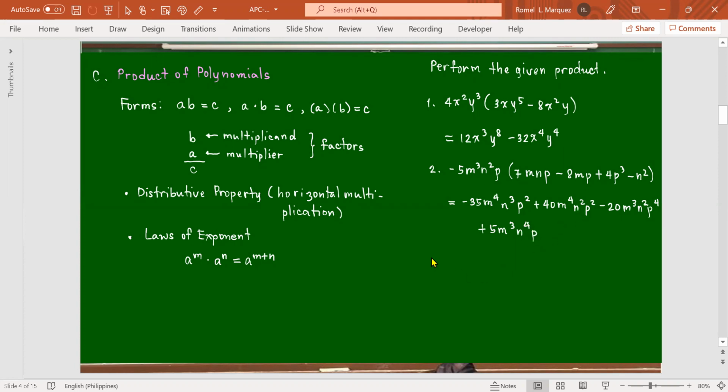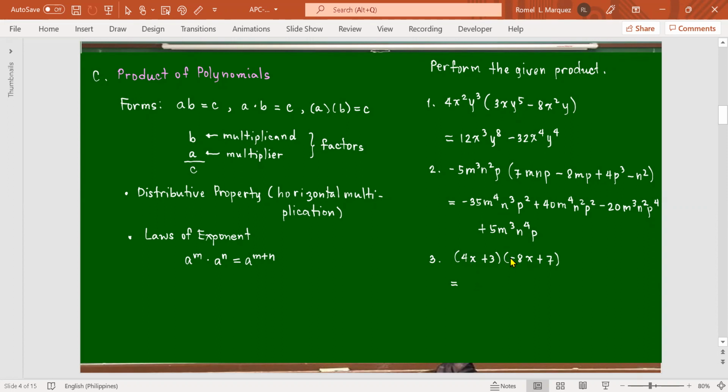Okay? On number 3, if I have 4x plus 3 multiplied to negative 8x plus 7. If you apply distributive property, we multiply this binomial to every term inside.